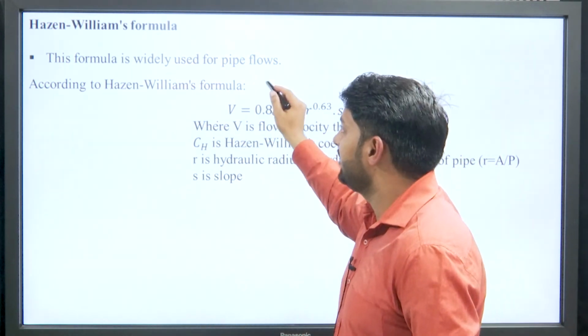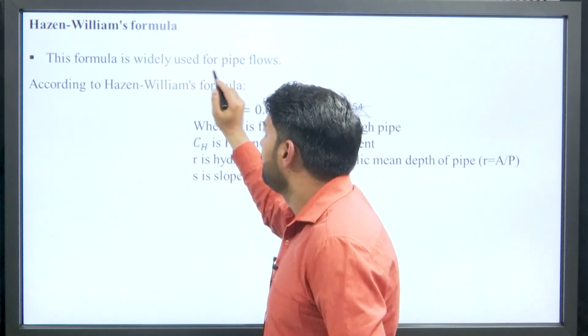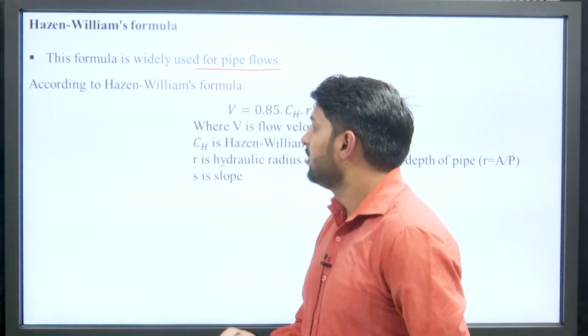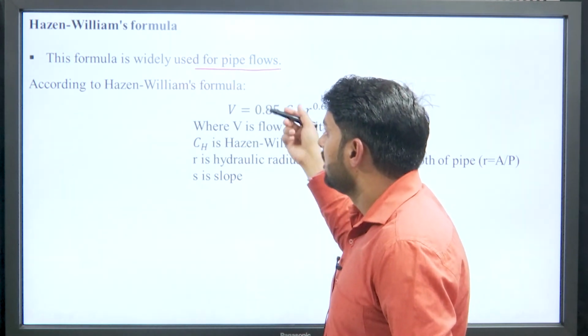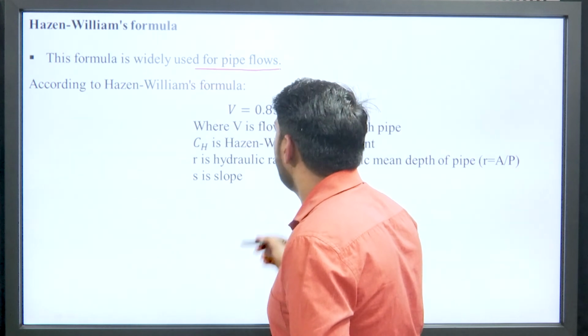As discussed earlier, the Hazen-Williams formula is used for pipe flow. So, how can we design a pipe using the Hazen-Williams formula?